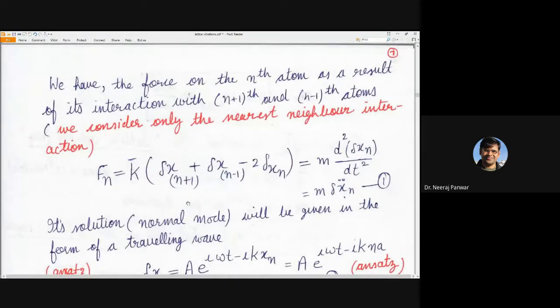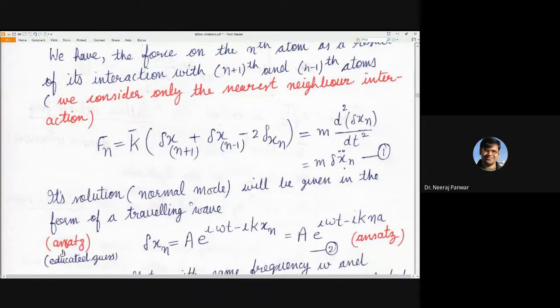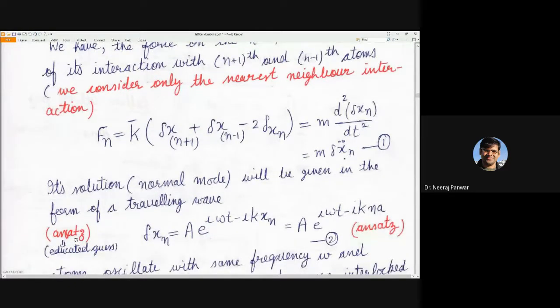Now we make this ansatz. Ansatz means we make an educated guess of what could be the solution of this differential equation, and we say the solution is like this.